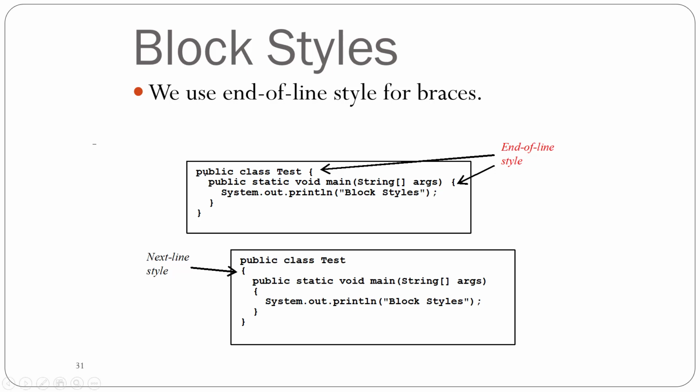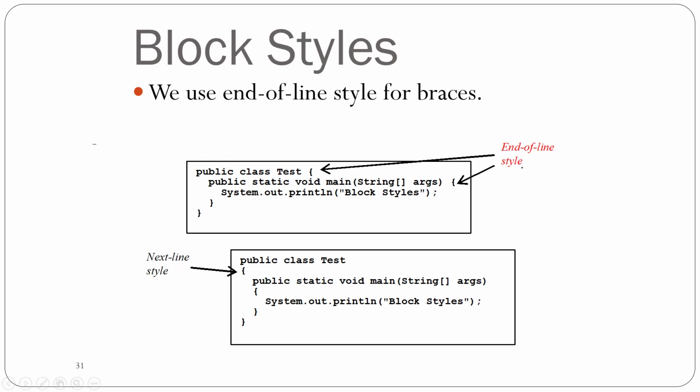Once the class definition starts here, I'll say public class Test, and after that itself I will start this block by putting an opening curly brace, and then I'll write the method name, the main method with its header, and in the same line I will start the next block, which is for the method.